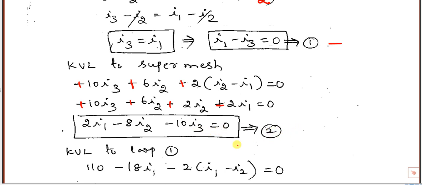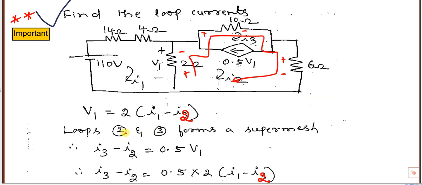So that is equation number 2. Similarly, apply KVL for mesh 1. This is minus 2 plus, this is plus 2 minus, and so on.